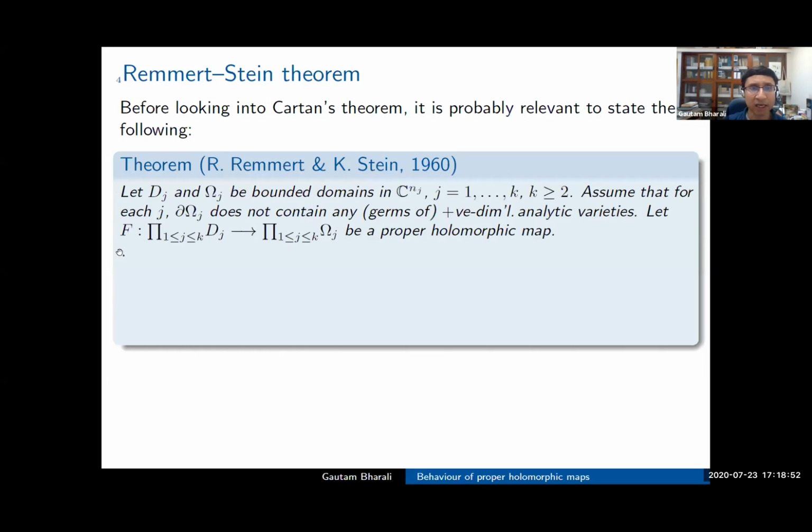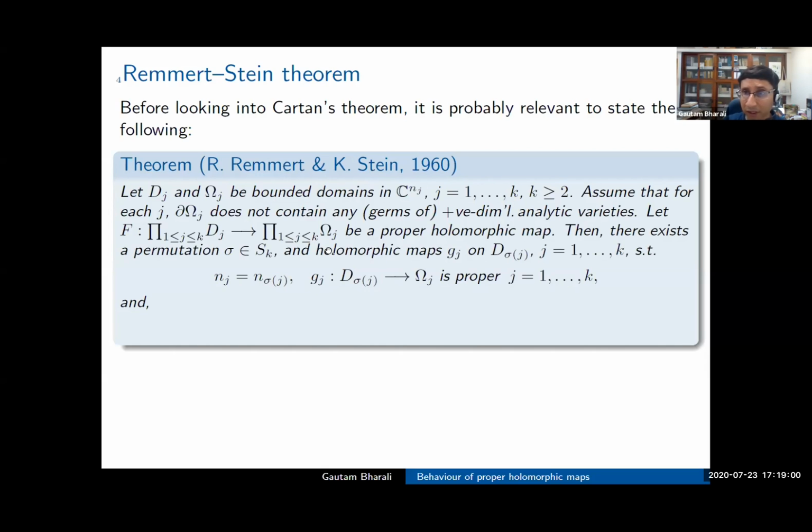Now consider a proper holomorphic map from the Cartesian product of the D_j's to the Cartesian product of the Omega_j's. Then I'm going to give you a complete description of such a proper holomorphic map. There exists a permutation sigma on k letters, where k is this parameter up here, and there are holomorphic maps g_j on the Cartesian factor D_{sigma(j)}, where g_j maps D_{sigma(j)} to Omega_j.